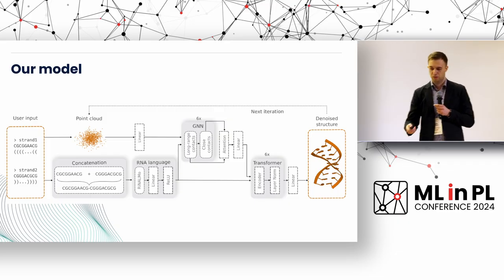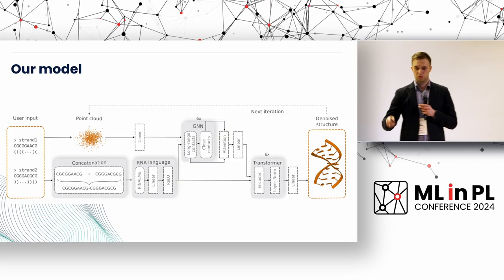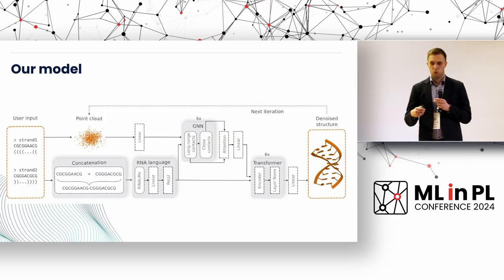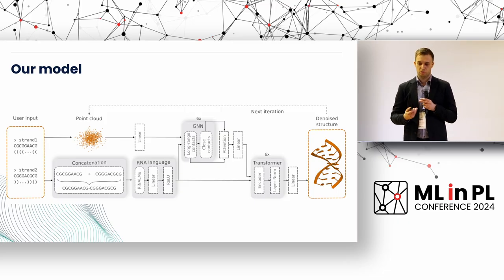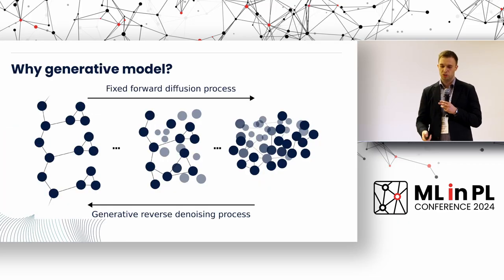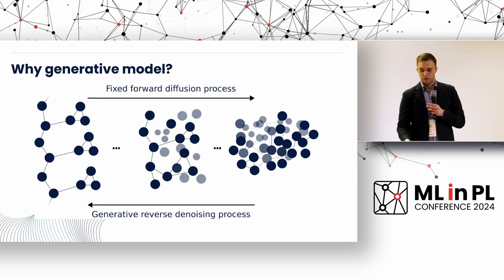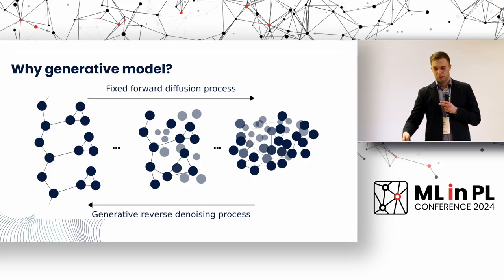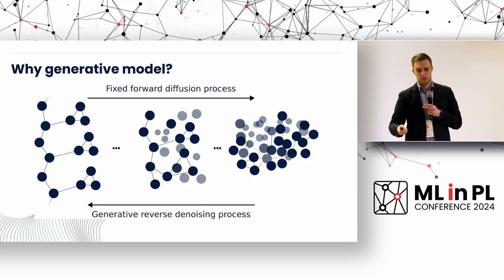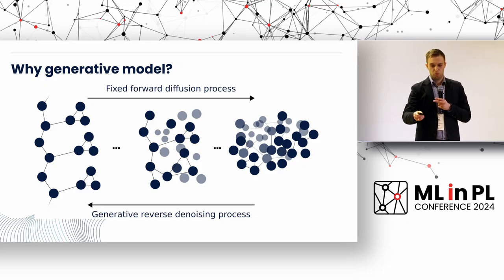The thing I will start with is the denoising diffusion model, so how we use this generative property to predict the structure. We start with a random point cloud, and we try to recover the structure. This slide presents it in a bit different way. What you can see here on the left is our original graph of atoms.